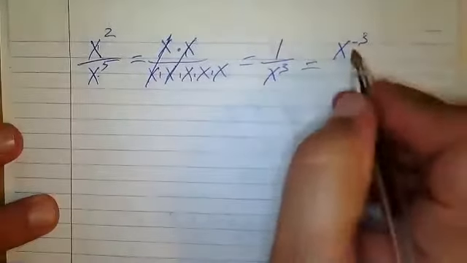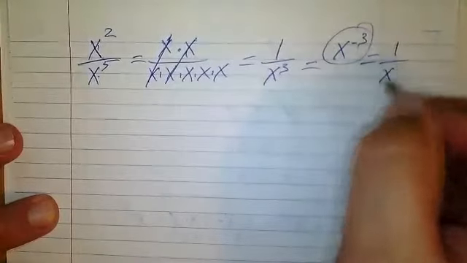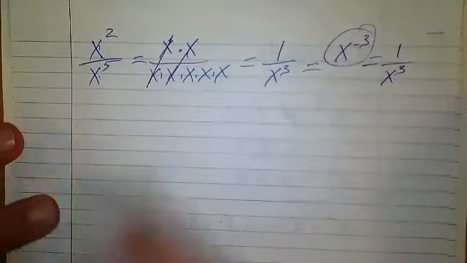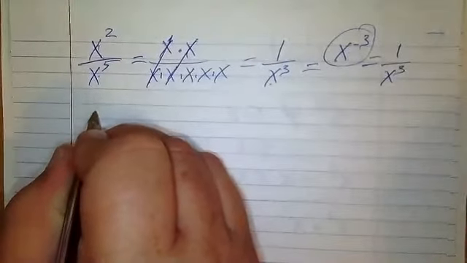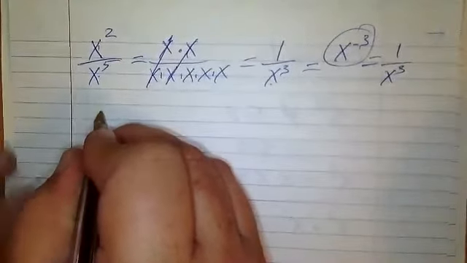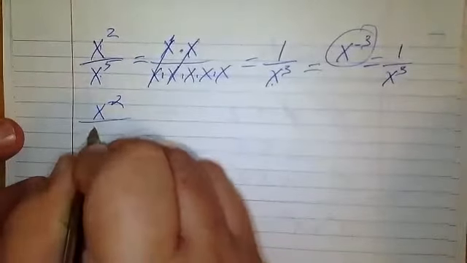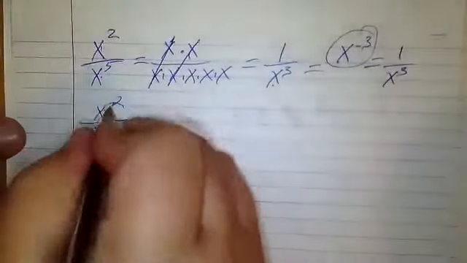So this literally just means take this, change the sign, and put it under the number 1. All right? So let's take a look at some more of this. So if I told you I had x to the negative 2 over x to the negative 4th.